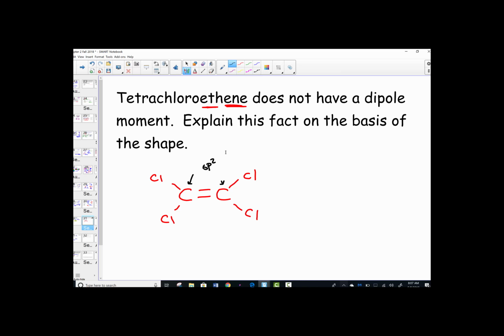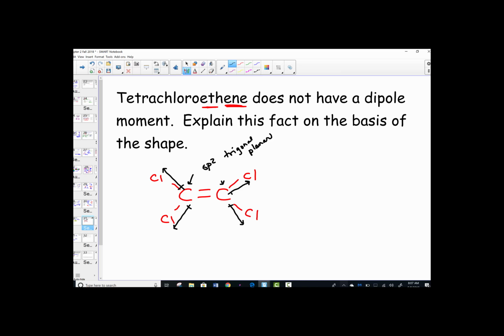3 electron domains, making this trigonal planar. It says it overall does not have a dipole moment. Explain this fact based on the shape. This is a very polar bond on the carbon, heading out to the more electronegative chlorine.